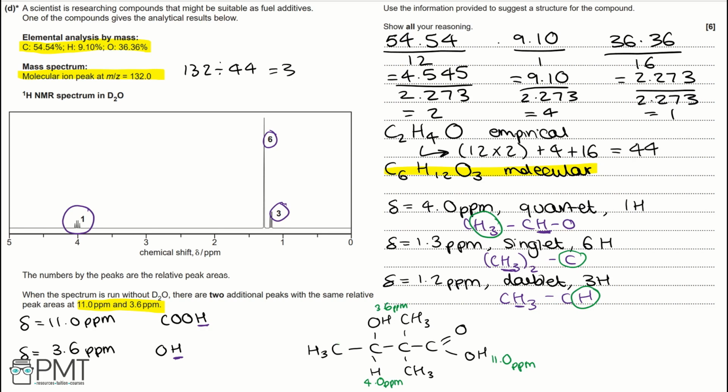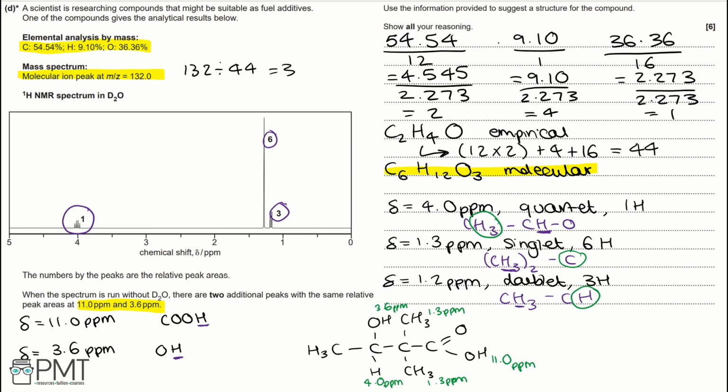So now looking at number 6, this is going to be a singlet, and it's going to be these hydrogens here, so 1.3 ppm and 1.3 ppm, because that has 6 hydrogens, because we've got 3 and 3, so 6, and the carbon it's connected to doesn't have any hydrogens attached to it, so it will have a singlet splitting pattern.